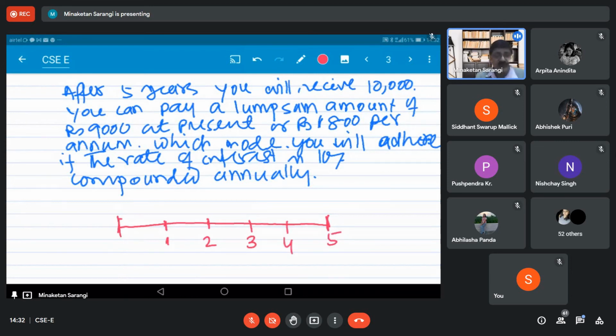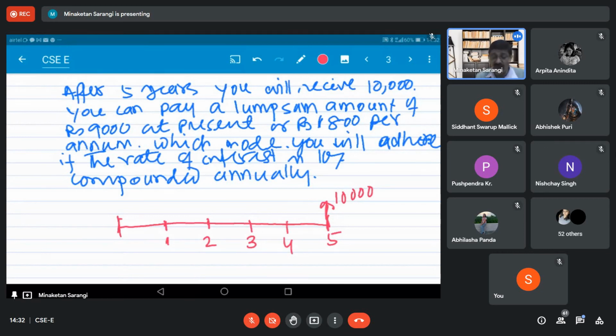Yesterday I told you in the timeline, cash inflow is indicated by the top arrow and cash outflow by the bottom arrow. So when I receive 10,000 after 5 years, here I will receive 10,000.